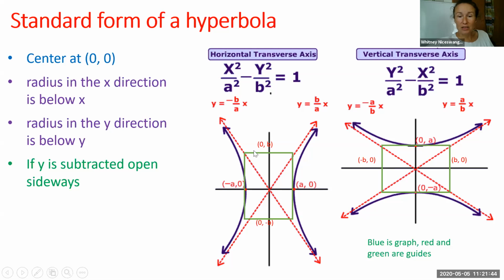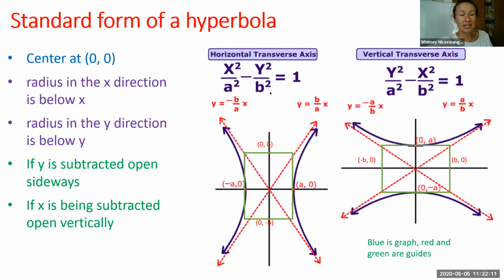So no x values between a and negative a will make this equation true, because it makes this first term smaller than 1, and you can't subtract something from something smaller than 1 and still get 1. So if y is being subtracted, we're going to open sideways. Plug in some values and play with that a little bit to understand why that is.